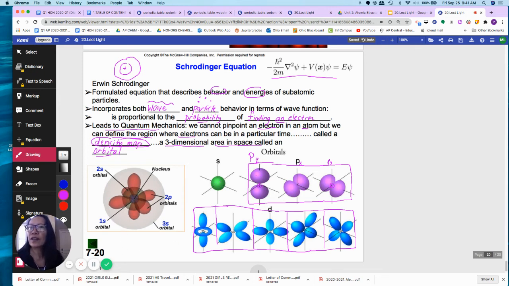Now if you're filling the atom, you fill them 2 electrons at a time. This is the first energy level, the s orbital. You can fit 2 in there, 1, 2, and each arrow is an electron. If that's filled up, you can fill up the second energy level of electrons, 1 electron, 2 electrons.